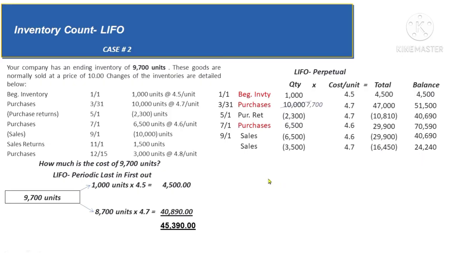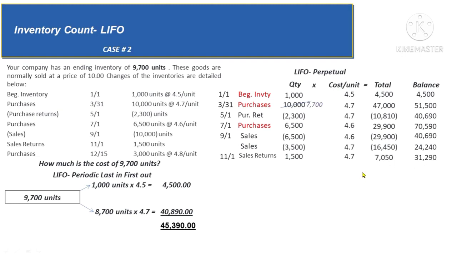Next, on 11.1, we have a sales return of 1,500 units, and the cost per unit that will be applied for this one should be extracted from the most recent sales. So we have the most recent sales here at 4.7. So 1,500 times 4.7, then we will have 7,050.